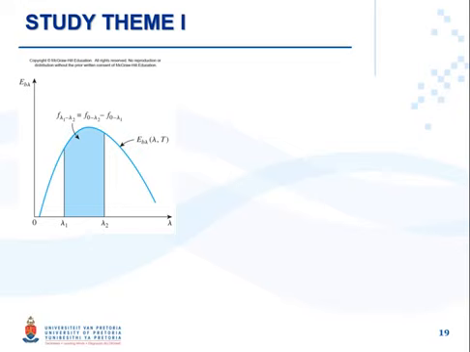For a given temperature and wavelength interval of 0 to lambda, let's say, we want to integrate between 0 and lambda. So we just do the integration between 0 and lambda.